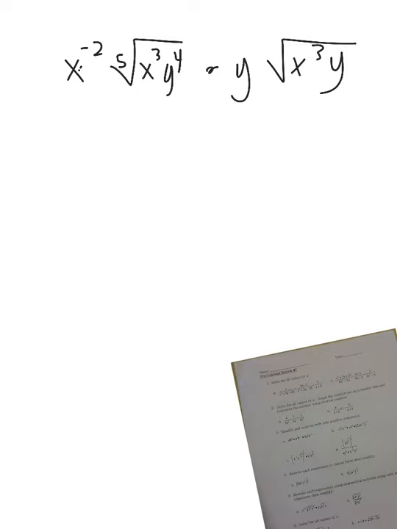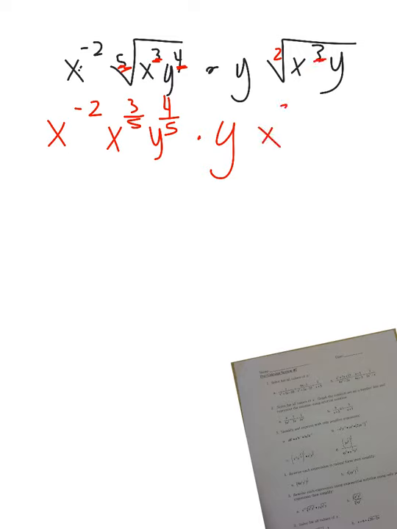All right, so the first thing I'm going to do is I'm going to take this out of the radical. So I have x to the negative 2, power is 3, root is 5. So it's x to the 3/5, y to the 4/5, times y. My root is 2, square roots are 2. X to the power over the root.